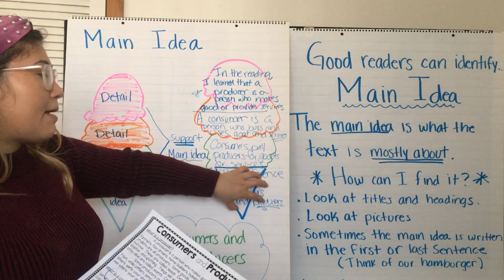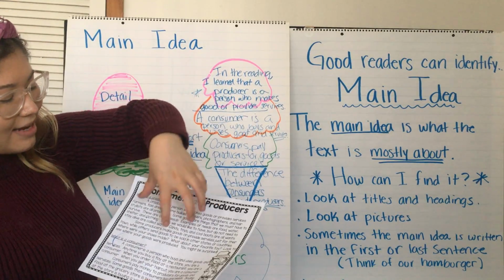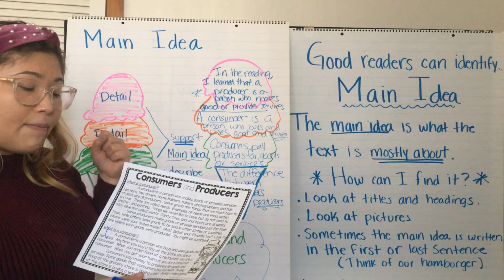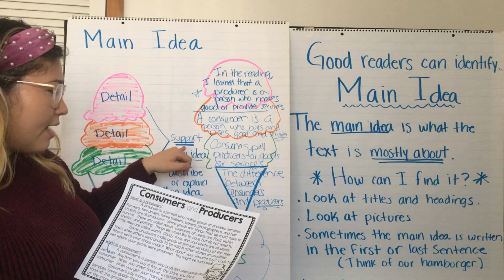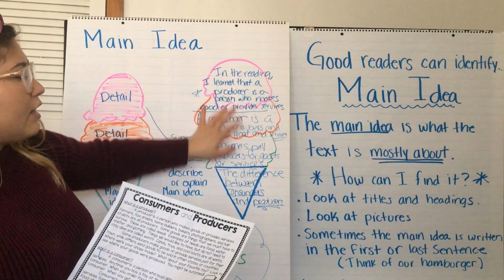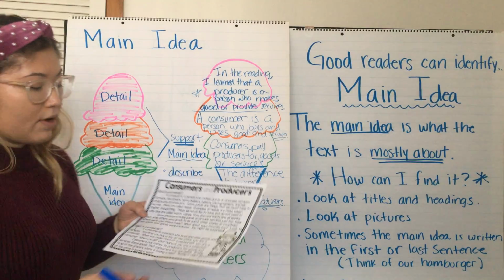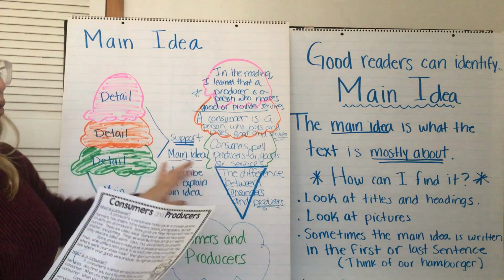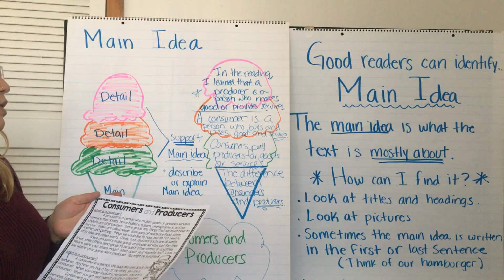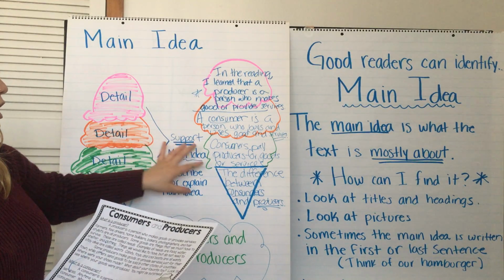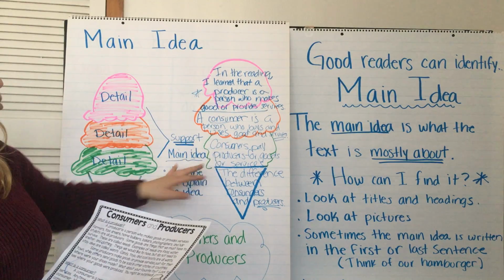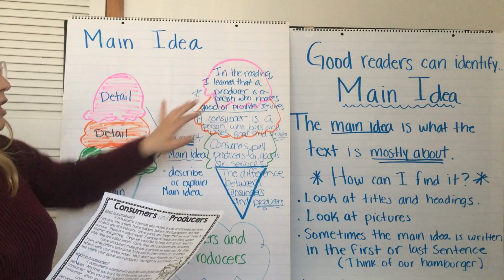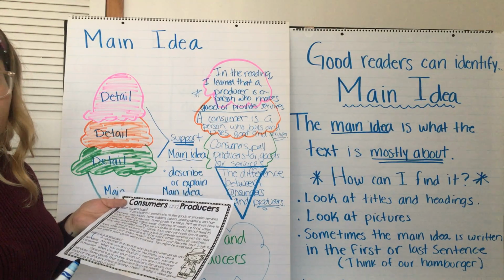That's why that was my main idea. Out of this reading, I took out all of the important details that backed up my main idea and supported it. So that's how I was able to fill in the 3 scoops, okay? Now, you're not going to be using an ice cream cone today, but you will be using one tomorrow. I just wanted to show you how we are able to find your main idea and your details using an ice cream cone, okay?